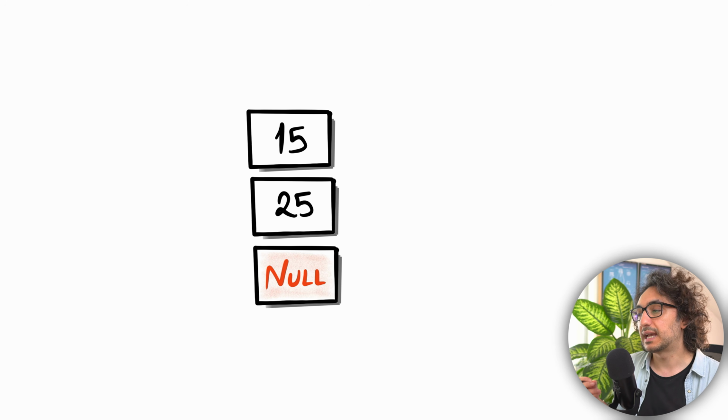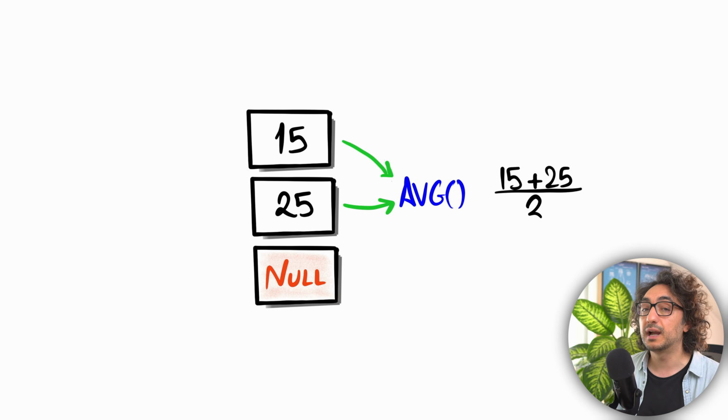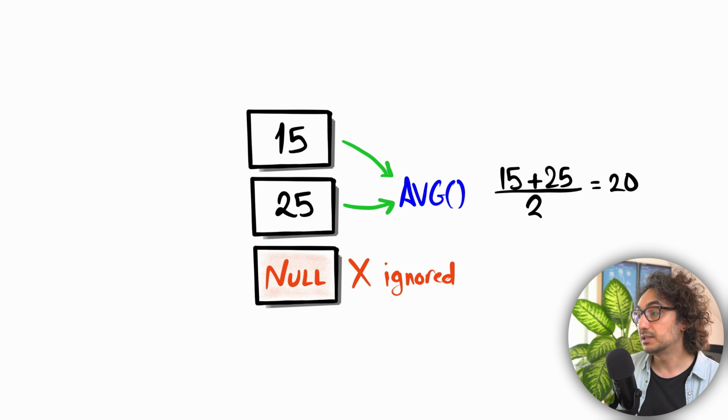Now, if you use an aggregate function like the average, what's going to happen? SQL will calculate it like this: 15 plus 25 divided by 2, and the average is going to be 20. As you can see, SQL includes only the two values, 15 and 25, and totally ignores the null value. In the calculations the null is not included, because otherwise the output would be null as well.